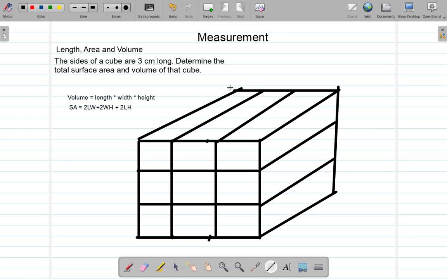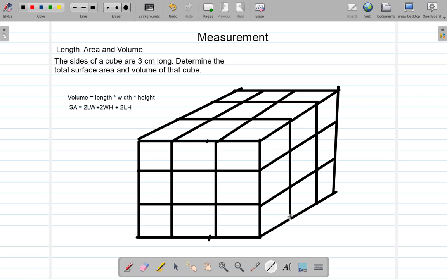Now this length here, we divide it into 3 equal parts to make each part a centimeter. And we do the same for this and for this.